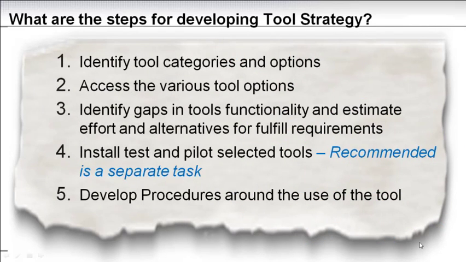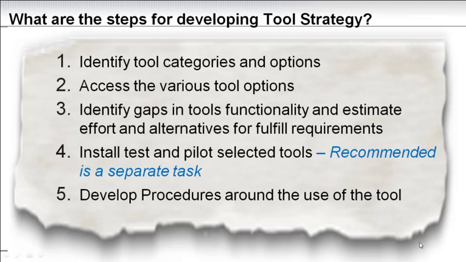So the steps for developing your tool strategy, now that we have the definition clear, is a 5-step recommendation from our side. 1. Identify the tool categories and options that you want to make use of, or that you believe is relevant for your project setup and where you see that you could benefit from the tool.